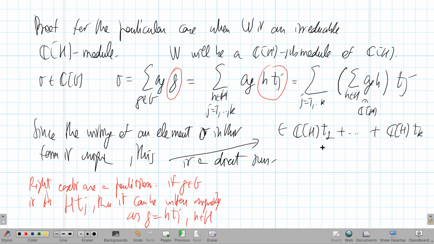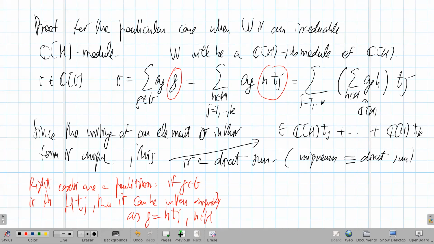Okay, because another way of saying that a sum of vector spaces in this case is direct is to say that the expression of an element as a sum of elements in each component is unique. Okay, another way of saying that it is direct. Uniqueness, same thing as saying direct sum.